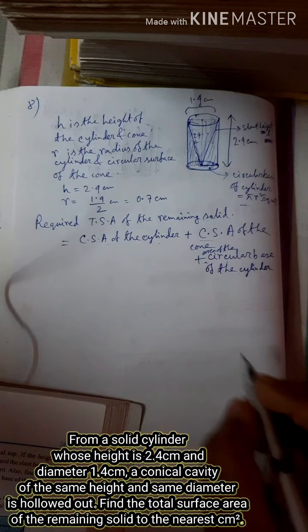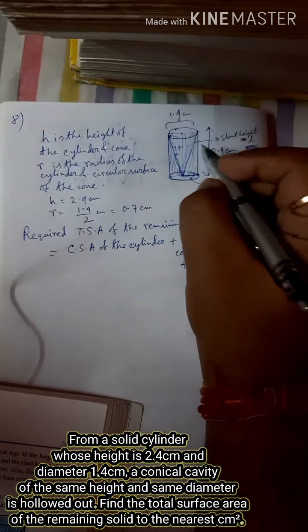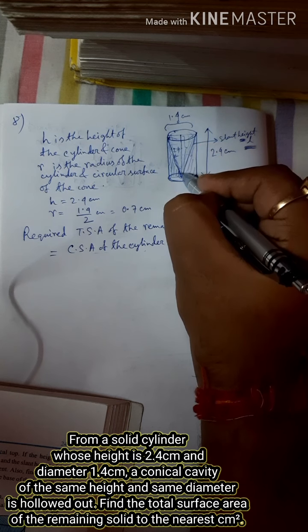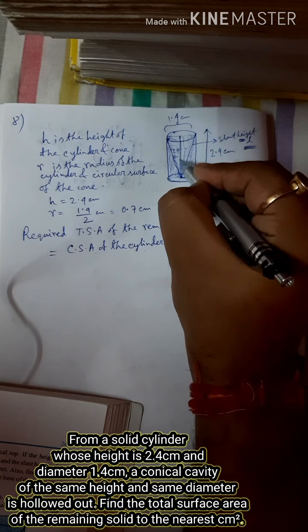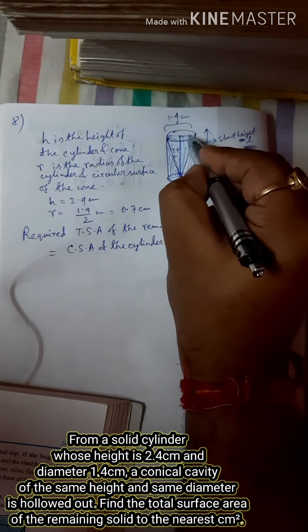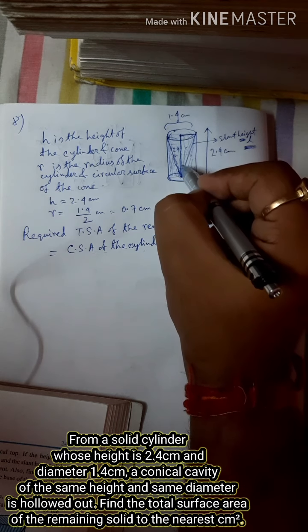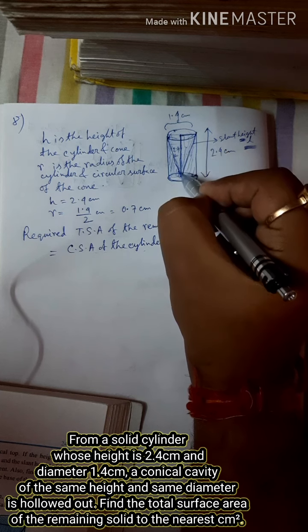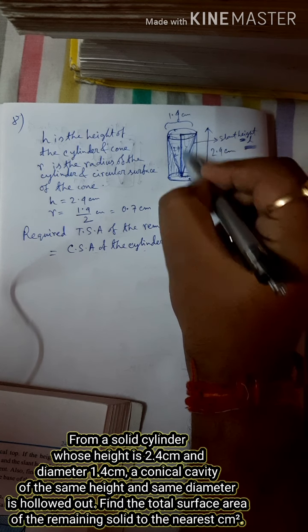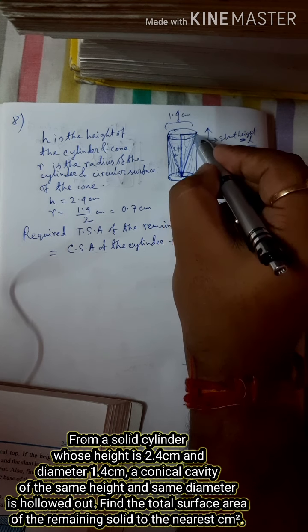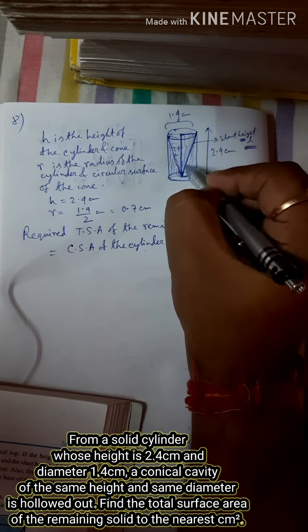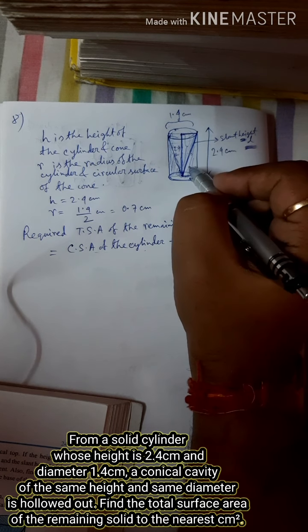So what will be the value of L? See, this height is 2.4 centimeter and this radius is 0.7, right? So this is a right angle triangle. By applying Pythagoras theorem, we can calculate, this is the hypotenuse, which is actually the slant height of the cone, right?